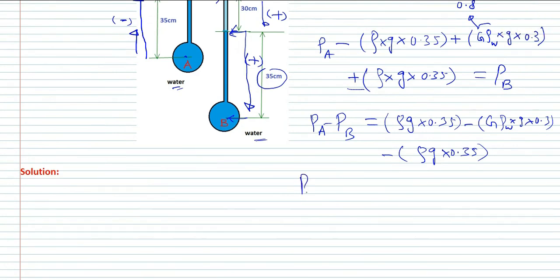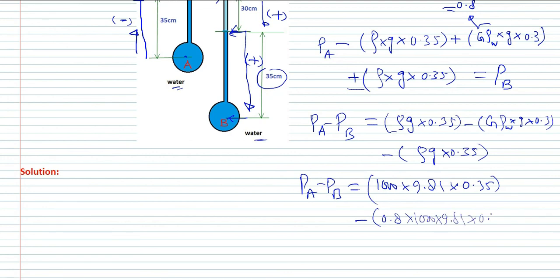Now PA minus PB is equal to: density of water is 1000 multiplied by g is 9.81 multiplied by 0.35, all of these things minus, now the specific gravity is 0.8, multiplied by density of water 1000 multiplied by 9.81 multiplied by 0.3.